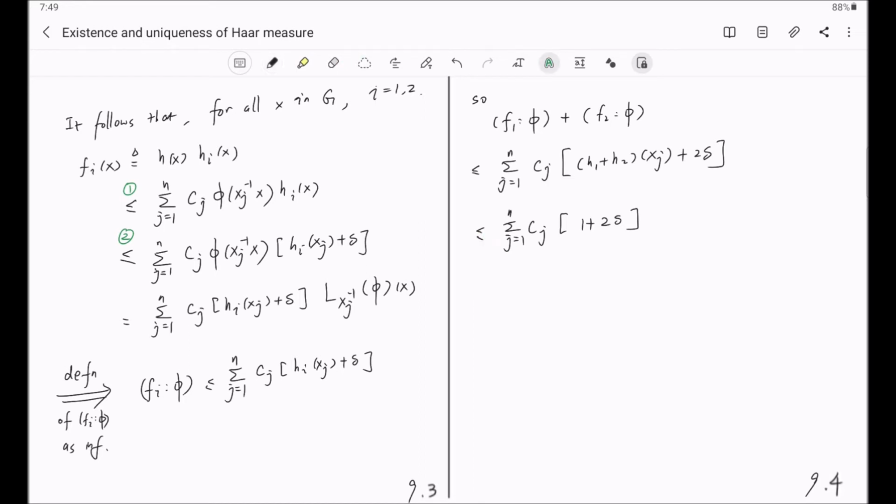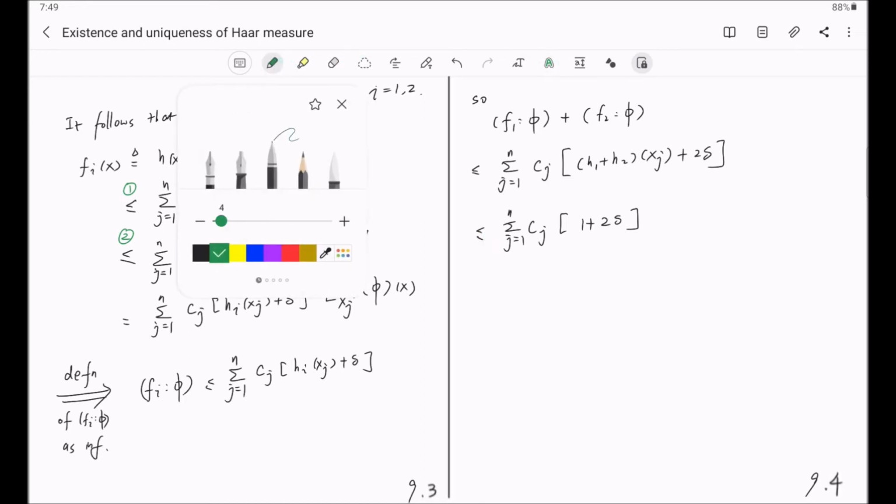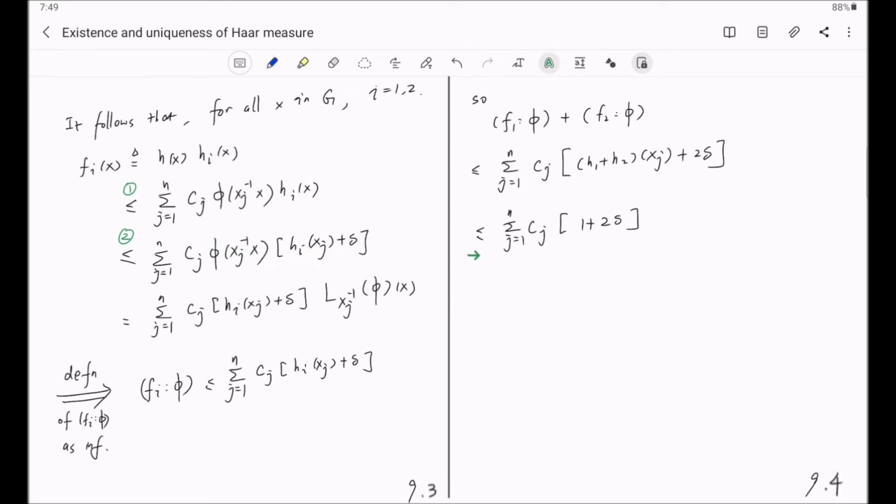Why do we have this inequality? This inequality follows from the definition of the h's. h1 plus h2, remember, by definition was f1 plus f2 divided by h, which by definition of h is f1 plus f2 divided by f1 plus f2 plus delta times g.